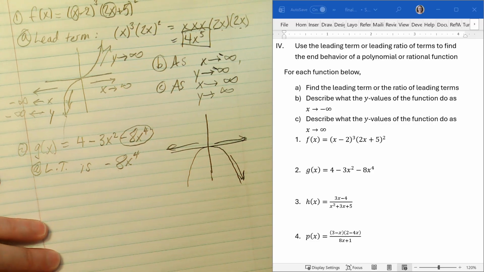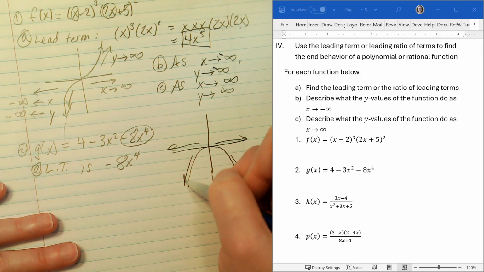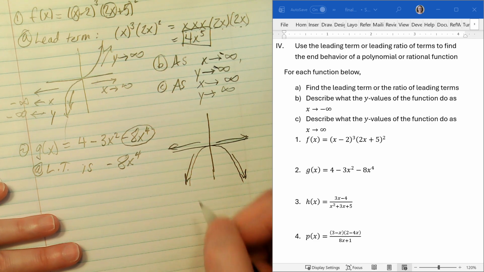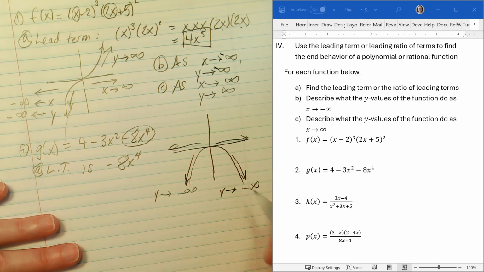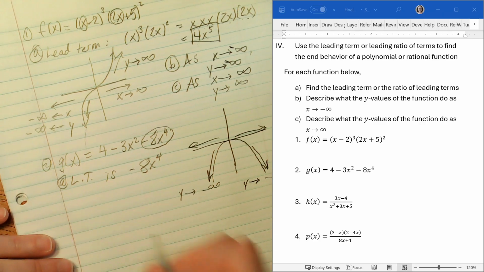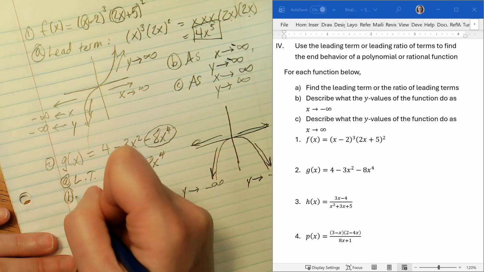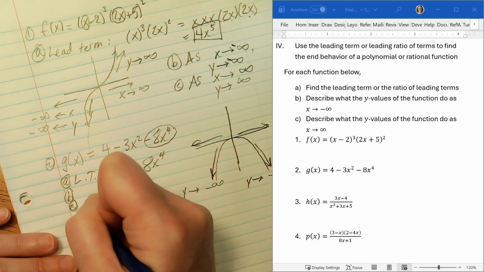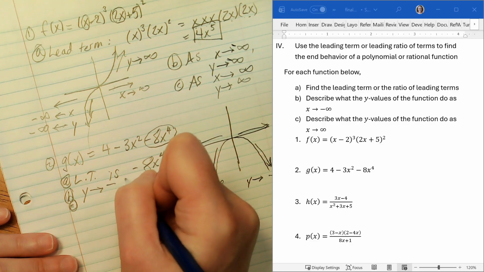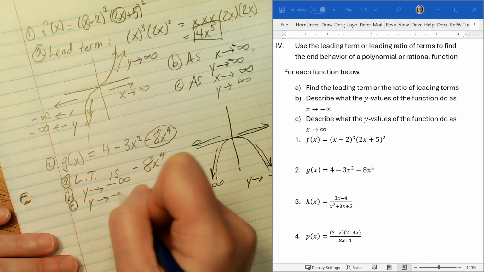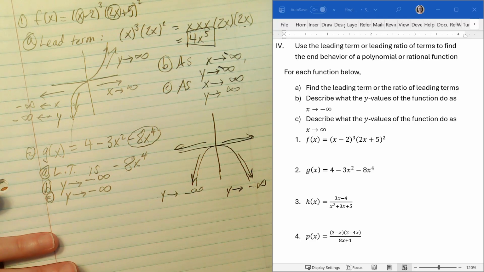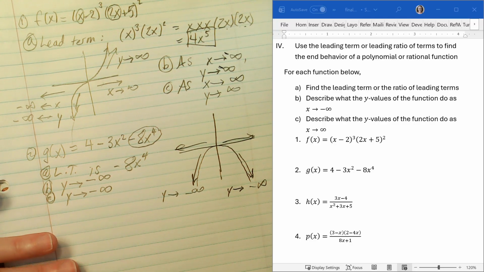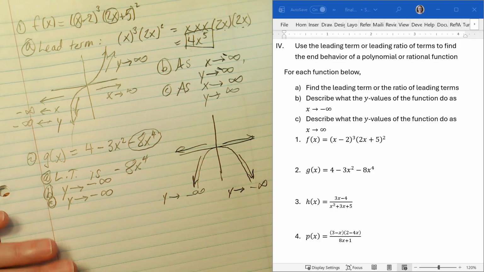And as we go towards the left on the x-axis, the y values are going down as well towards negative infinity. So y is going towards negative infinity in both cases. So for part B and part C, they're both going to have the y values going to negative infinity. This will be very helpful when you take calculus and you do limits at infinity. That's basically what we're doing right now.